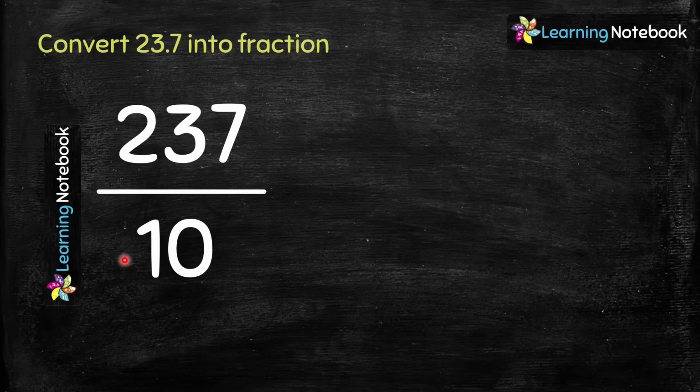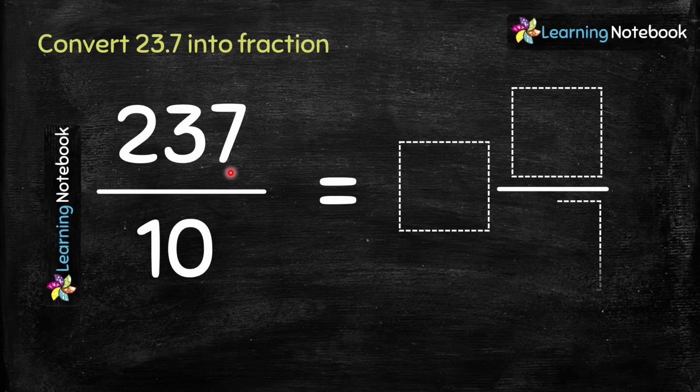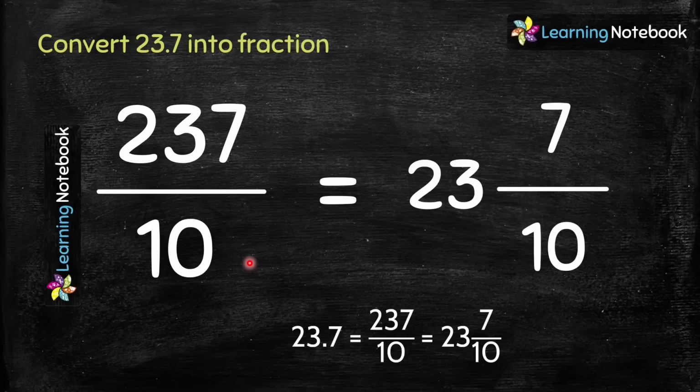So if we divide 237 by 10, we will get the quotient as 23 and remainder as 7. So we will write it in the form of Q R by D and we will get the mixed fraction as 23 7 by 10, which is our answer. So students, now I am sure you have understood how to convert decimals into fractions.